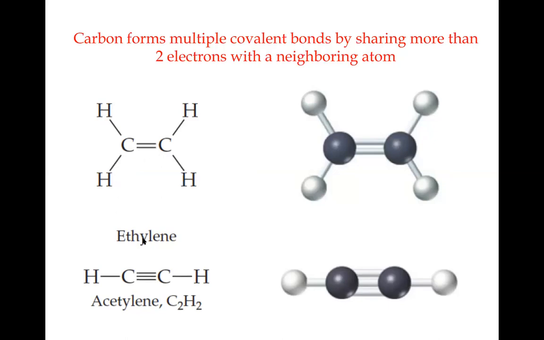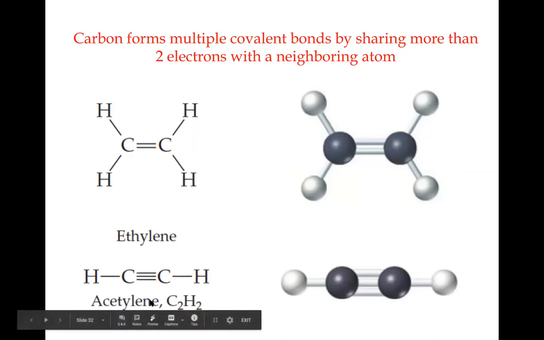And now we call it ethylene, or ethene is what it's also called. And so notice it's no longer ethane, it's ethylene. If we instead change this to a triple bond between the carbons, now we lose an additional 2 hydrogens, and we have acetylene or ethyne.